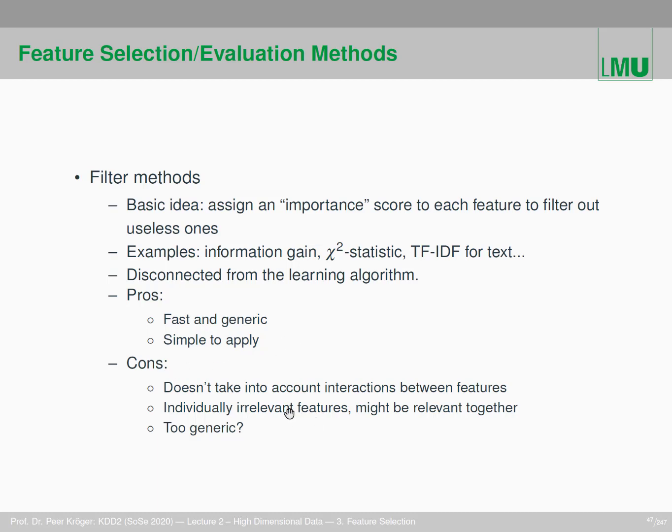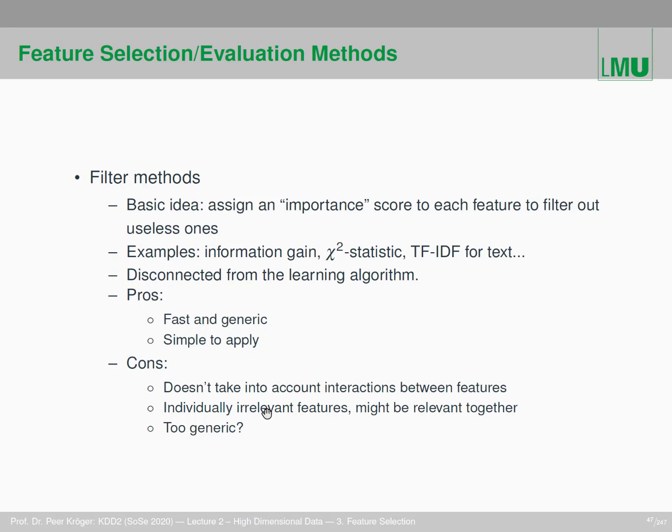On the downside, it doesn't take into account interactions between features. We will see that when we look at those measures, because you really evaluate each feature individually, so it somehow assumes that the features are independent of each other.